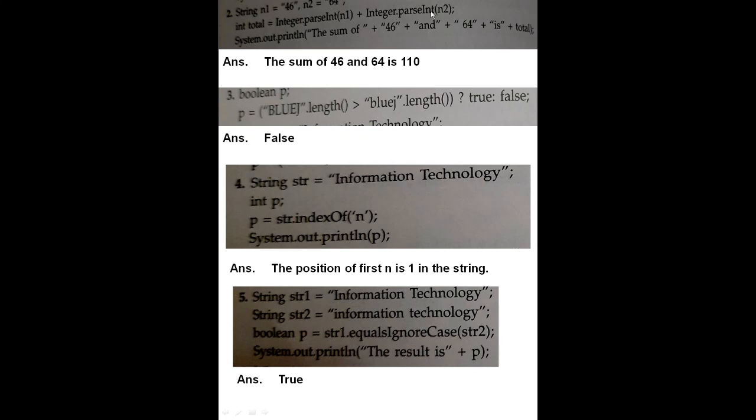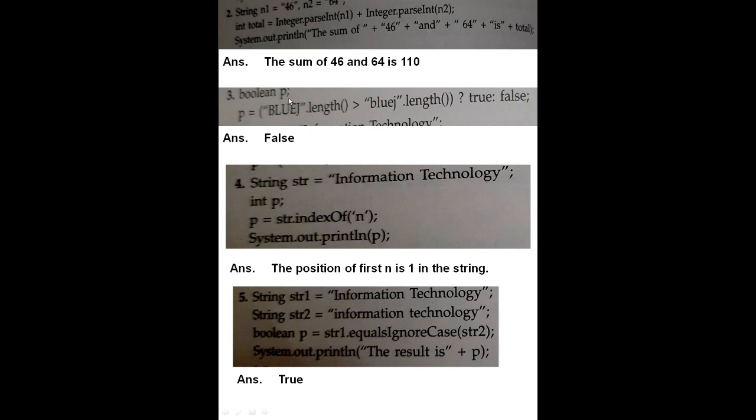Now it changes into integer form, into the data type, so 46 plus 64 became 110. The answer will be 110. If it does not change into integer form, then you will write 46 64 in the form of a total. But here it changes into integer form, so you take the numbers.